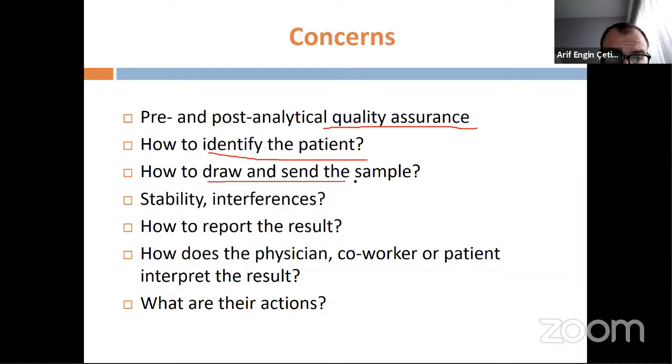The third one is the sample: how you prepare the samples. For example, one of the main reasons for wrong results in POCT is the sample preparation part.